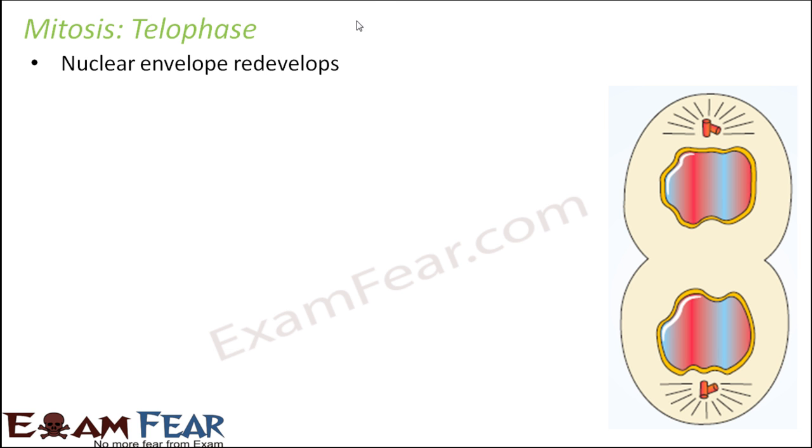Now please remember that after anaphase, the sister chromatids, once they get pulled to opposite poles, are known as daughter chromosomes. So please do not get confused with these different terms. As long as they are together in a chromosome, they are called sister chromatids. But as soon as they get separated, they are called daughter chromosomes.